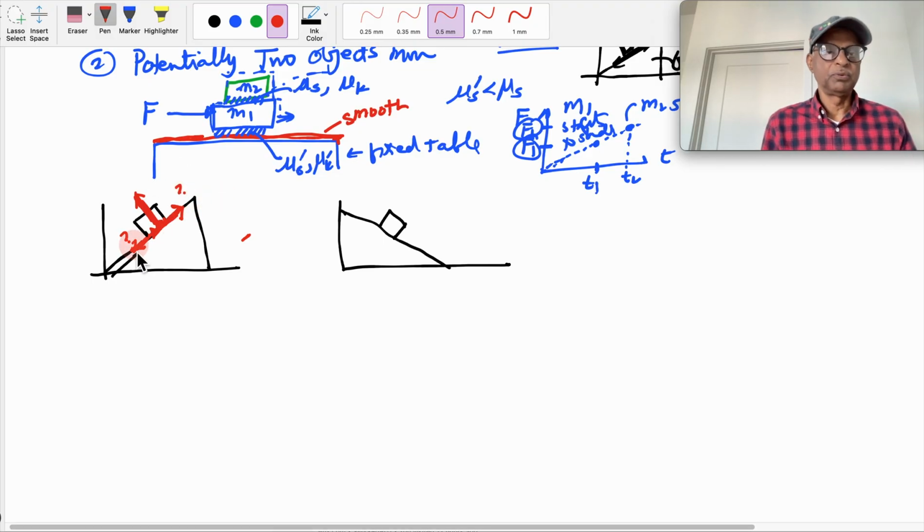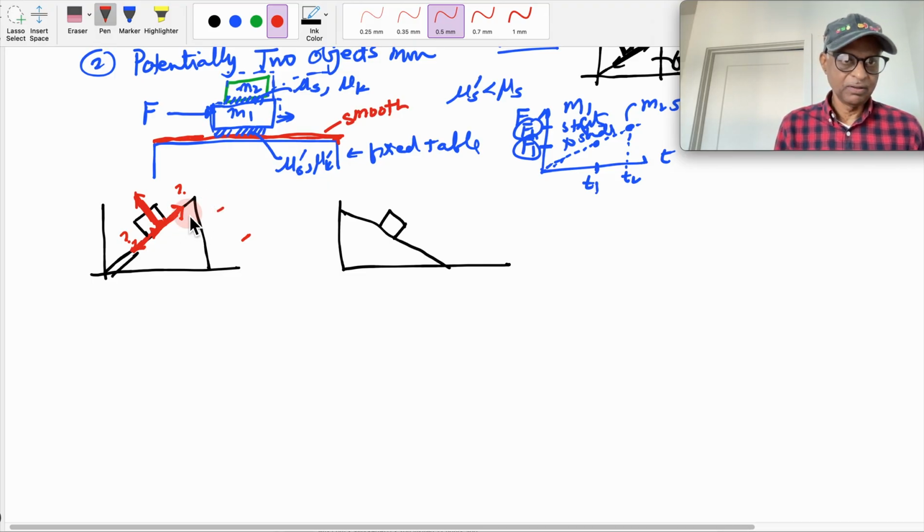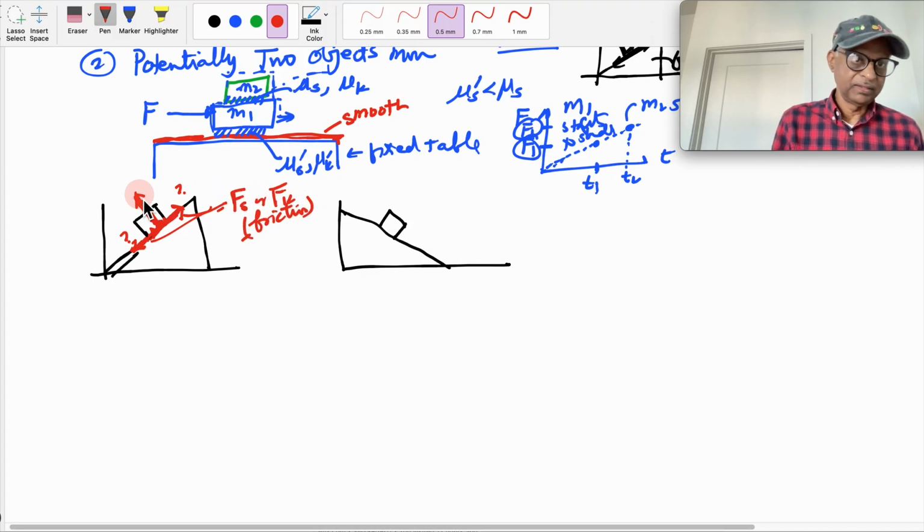One way to do it is with these two forces at the surface of contact; one will be static friction or kinetic friction. So these are like friction, and this will be a normal force.